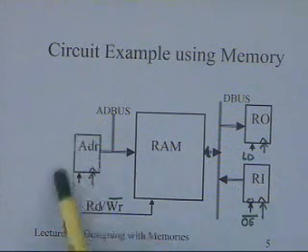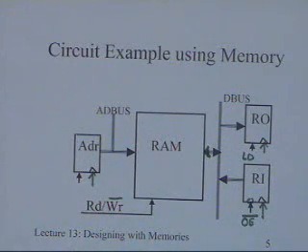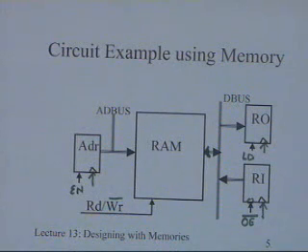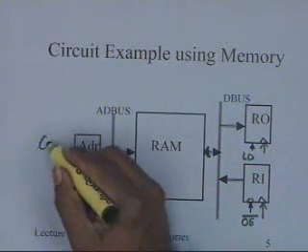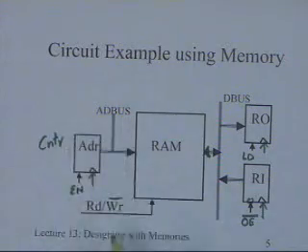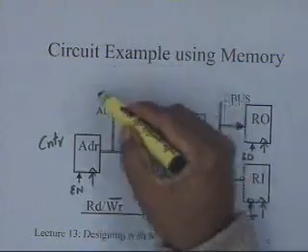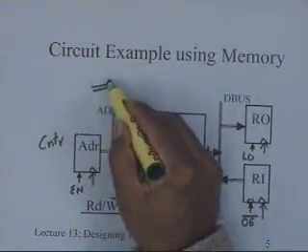Now let me look at the address. I have shown here a counter which is generating, and this could be an enable for this. So this is, let us say, a counter. Again, this need not be a counter, it could be a register, and I could have an address bus with multiple sources.